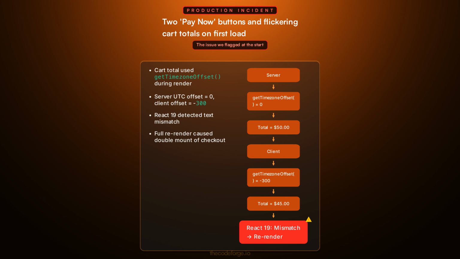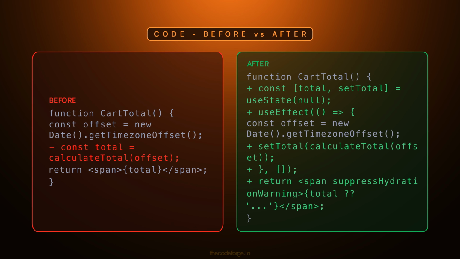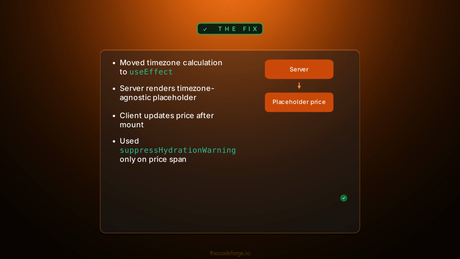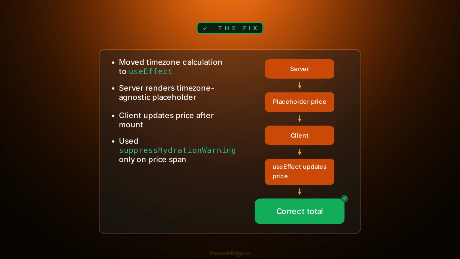buttons and flickering totals. The root cause is using new Date().getTimezoneOffset() during render, which returns different values on the server, UTC, and client local. This caused the cart total to differ between server and client HTML, triggering a hydration error in React 19. The fix was to move the time zone-dependent calculation into a useEffect with an is-mounted state guard.